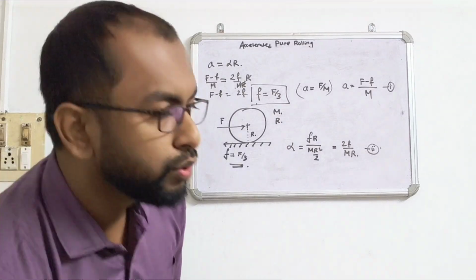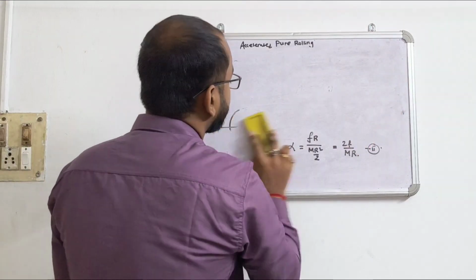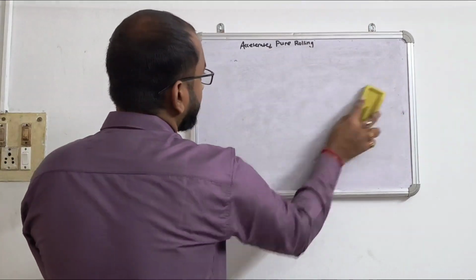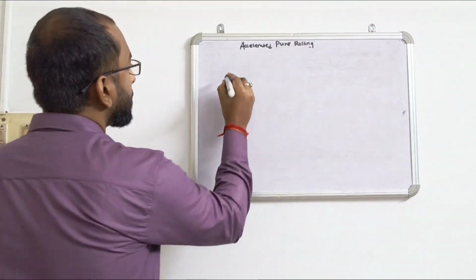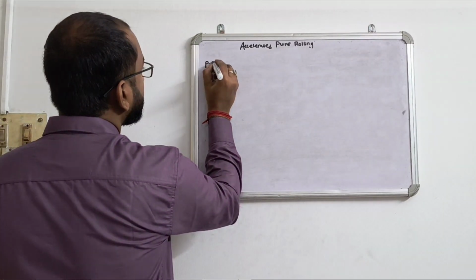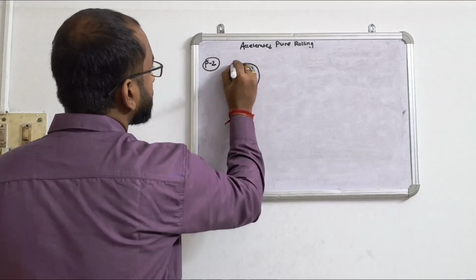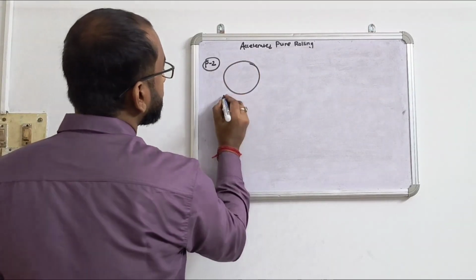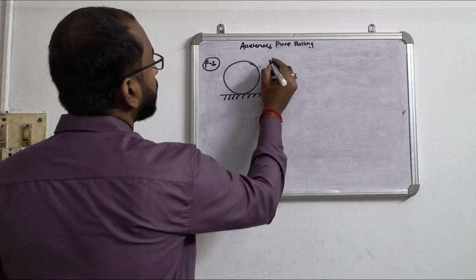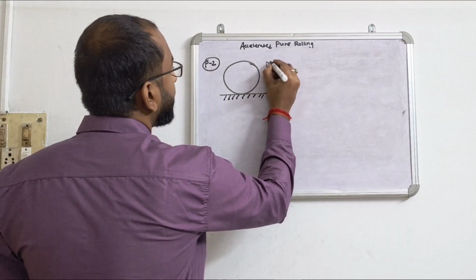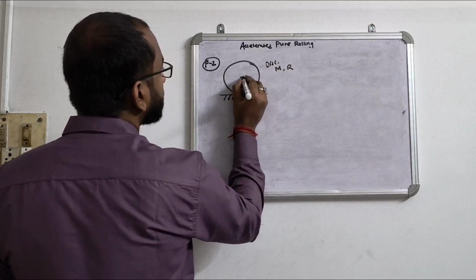Now let's try to repeat the similar kind of scenario. Let's say there is again a disc of mass m and radius r.